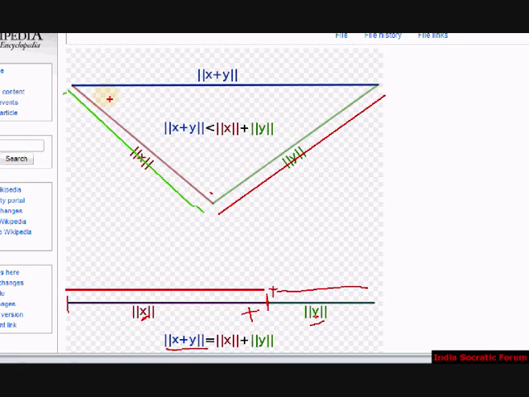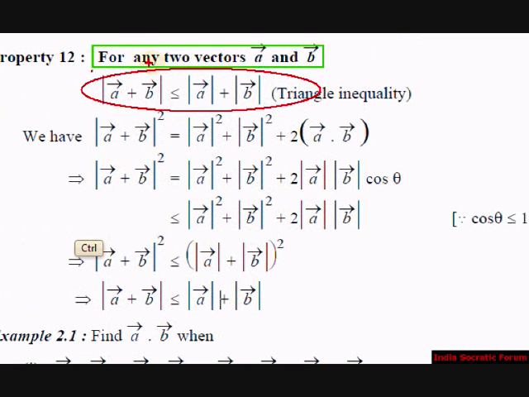When it is not, it is obvious the sum of these two is bigger than the modulus of x plus y. That is the idea for any two vectors.